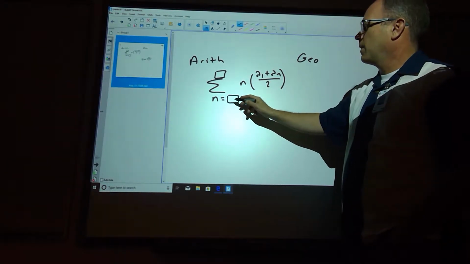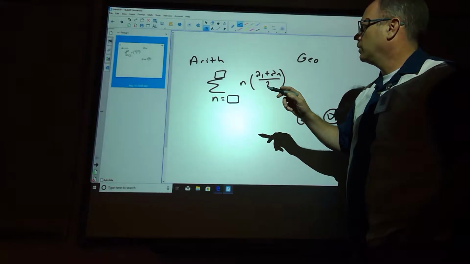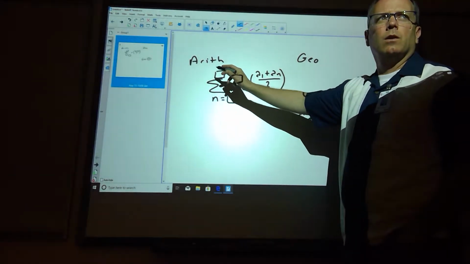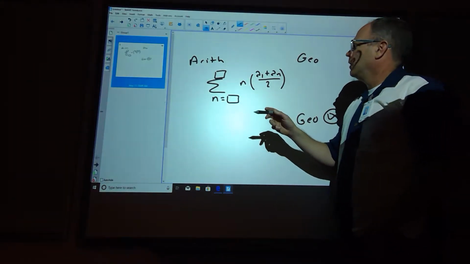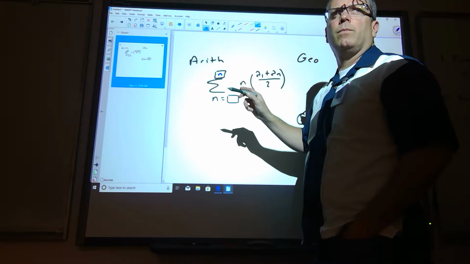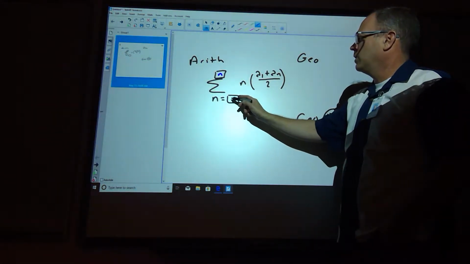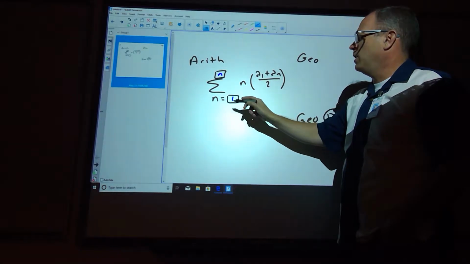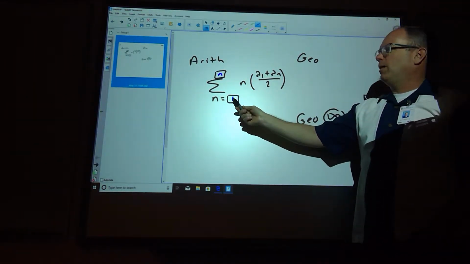So is the top one D? What do you mean D? Like the common difference? This top one is actually the nth term. And then this one is usually 1. But if this was like a sub 3, then we have a 3 here.